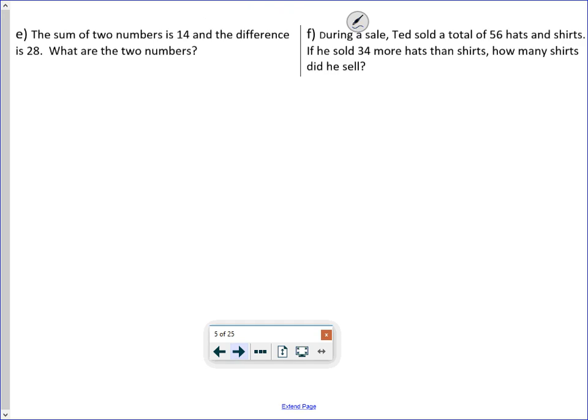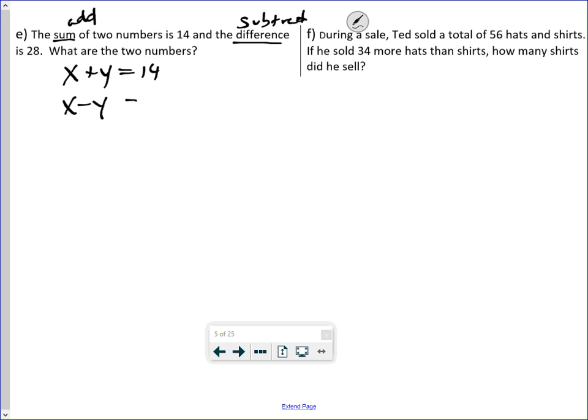All right, now we're going to get into some word problems. For most people who do systems, the hardest part of these is creating the equations. So the sum of two numbers. Sum means add. So the sum of two numbers is 14. The difference, subtract, of two numbers is 28. I notice that the coefficients of y are additive opposites, negative 1 and positive 1.